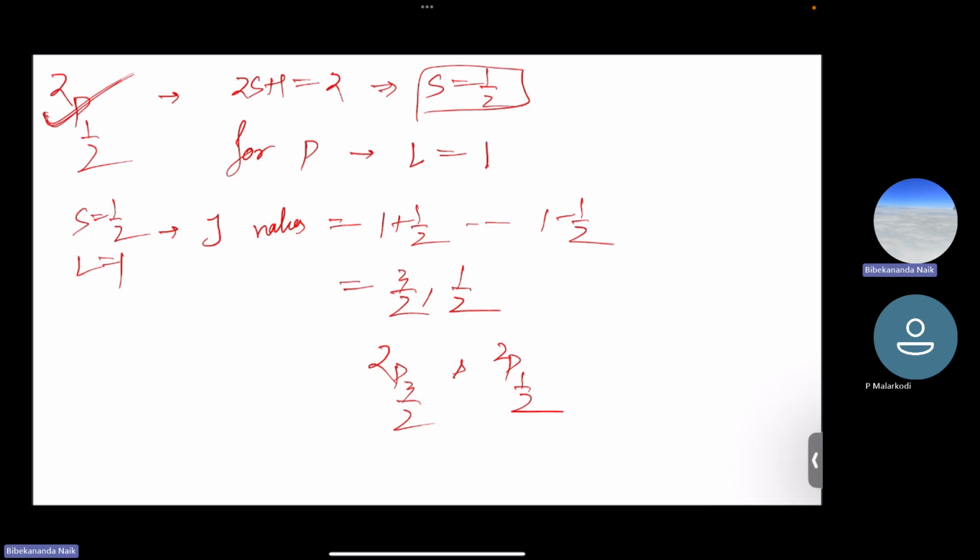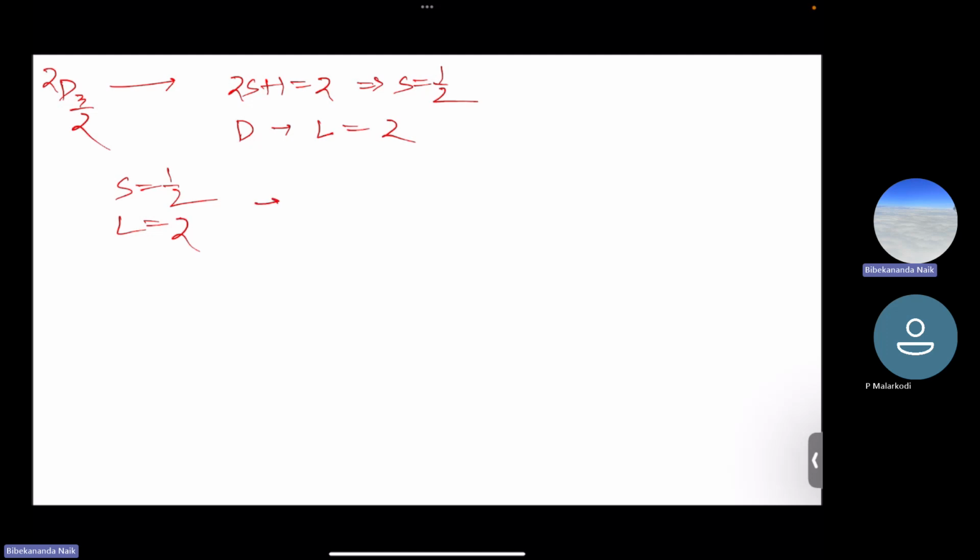Now there is the option C, 2D 3 by 2. Again 2S plus 1 is equal to 2, which gives S equal to half. For D, L is 2. So S equal to half, L equal to 2.